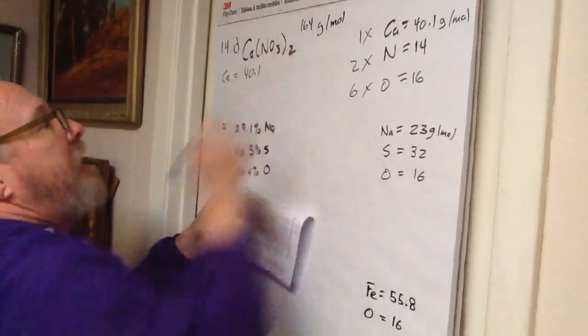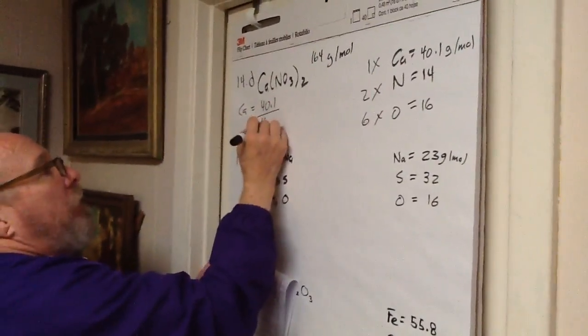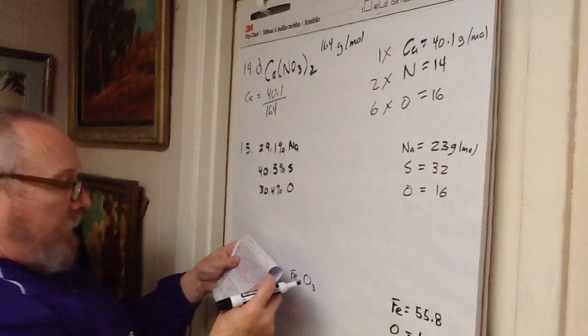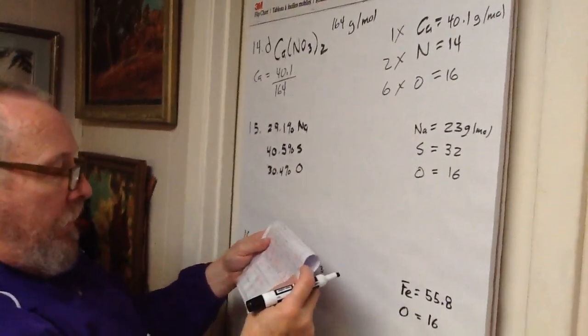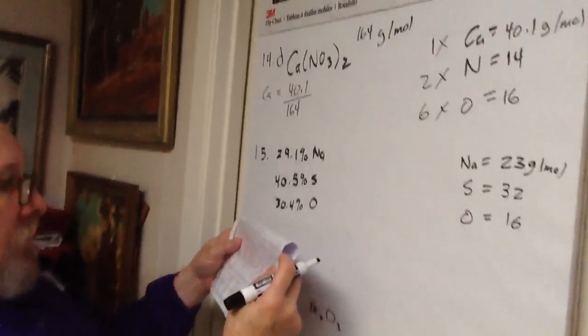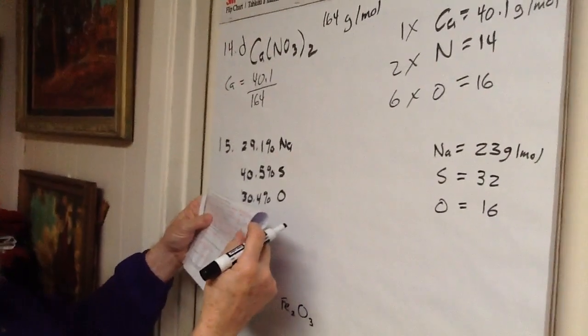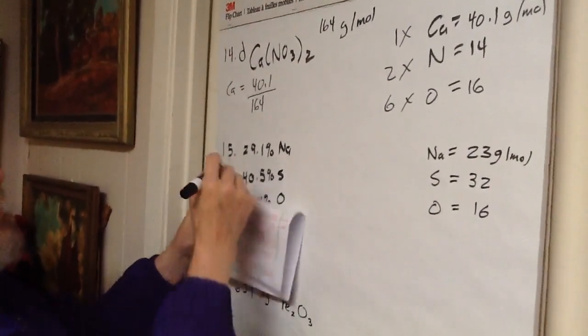So I had to do that calculation first. So the calcium would be 40 divided by 164. Really, I want to say 164.1, but we'll call it 164 because it won't make a big difference beyond 3 places.